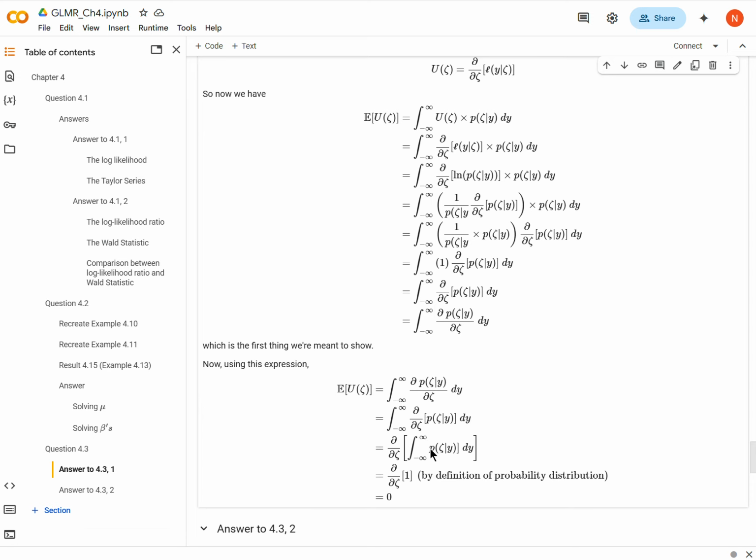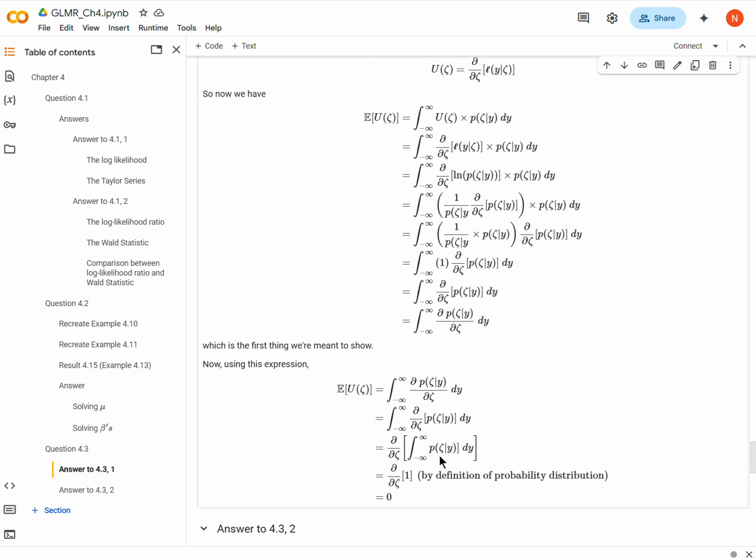Now, looking at this, I'm realizing that I'm accidentally transposing the zeta and the y here. I think that's a little confusing, so apologies for that, but I'm just going to keep moving. I can take these in either order.